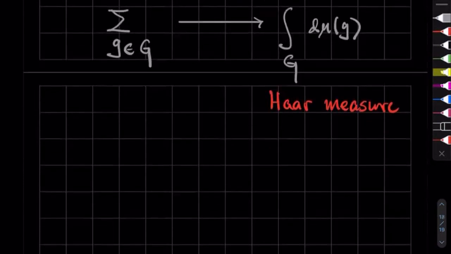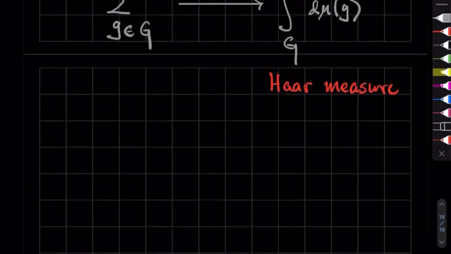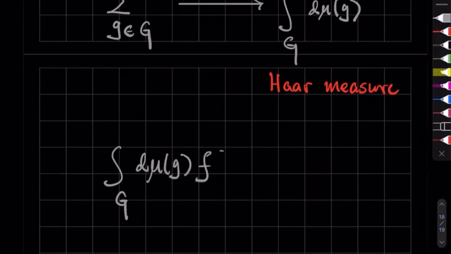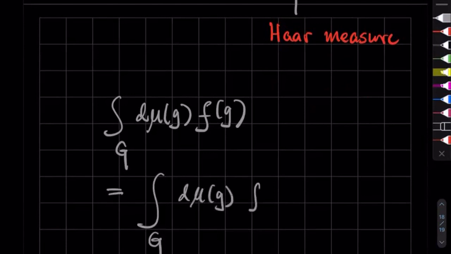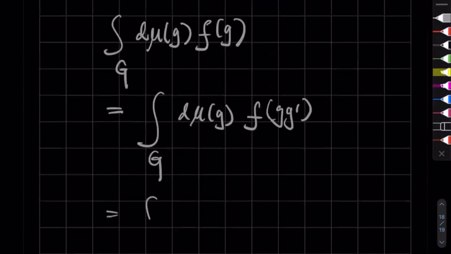Okay, so then what happens is that the integral of the Haar measure with f of g is equal to the integral of dμ(g) f(gg') or f(g'g).